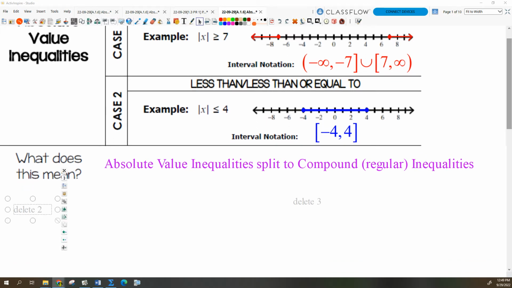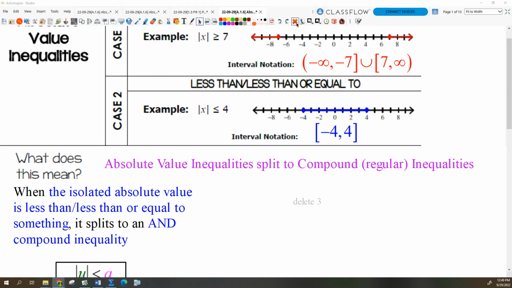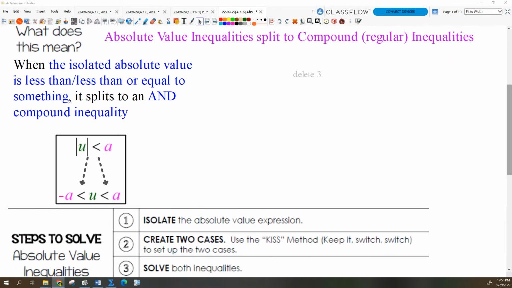We saw that in the cases where the isolated absolute value, like the blue case, was less than a number, or less than or equal to, same difference, the absolute value inequality splits into an and compound inequality. And it works like this.